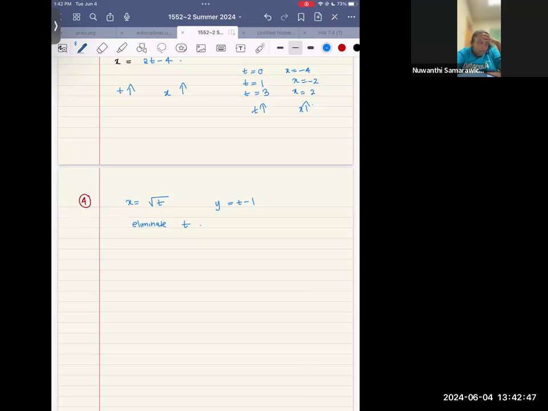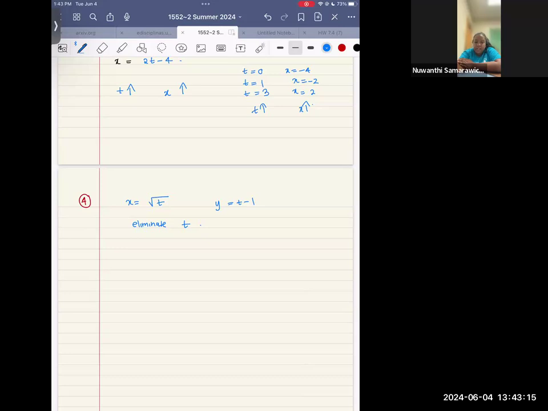I see Emma. Okay, Emma, here you have to consider that there should be a restriction. The graph is restricted here. Can you think a little bit?